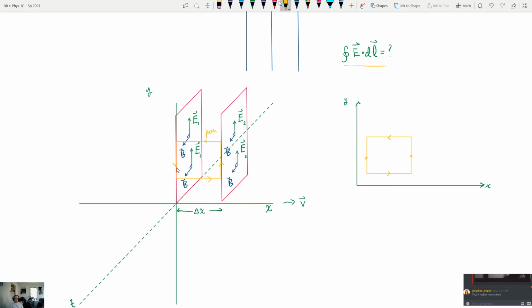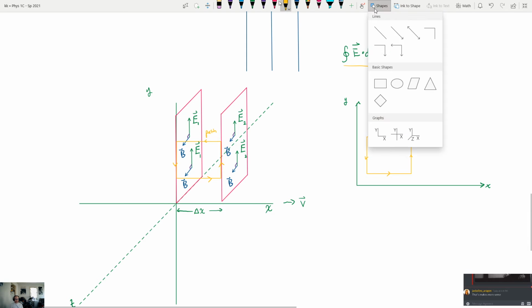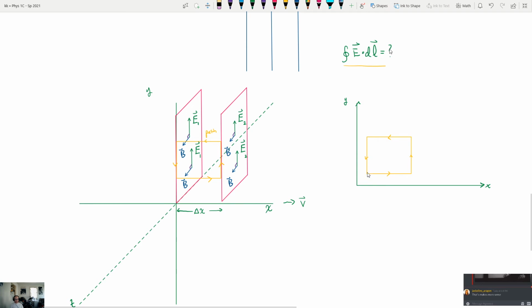Okay. Now, on my path, remember that I said that along a given wavefront, the value of the electric field is going to be the same everywhere. So, on the left edge of my path over here, I'm going to have an electric field vector that's going to point straight up like this. Surprised that it didn't make that green. I thought I made it green. So on the left edge of my path, I'm going to have an electric field vector, and it's going to point like this.